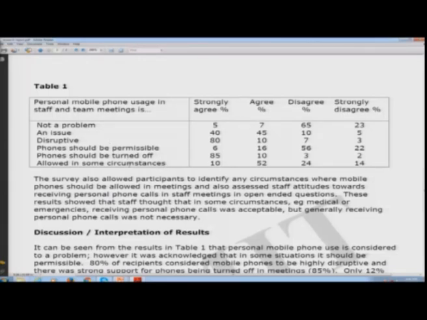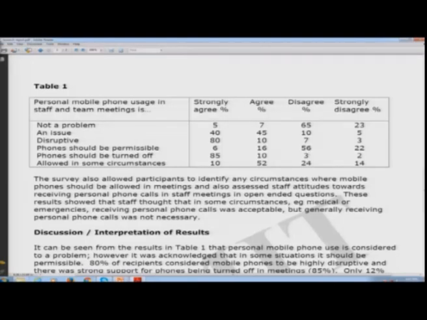So, these were the items, and people were asked to respond along these scales: strongly agree, agree, disagree, strongly disagree. So, not a problem: 5% said strongly agree, 7% agree, 65% disagreed, strongly disagreed 23%. The other points you can also see in the responses.